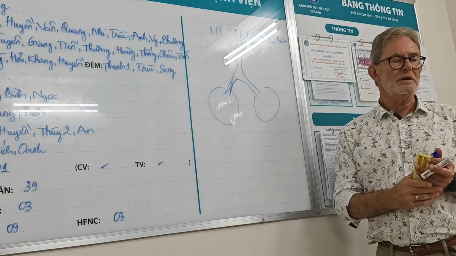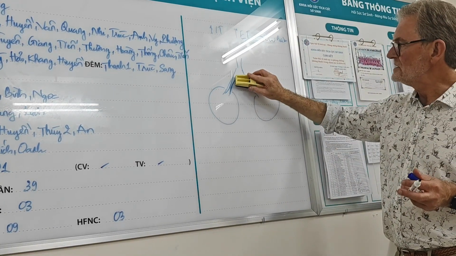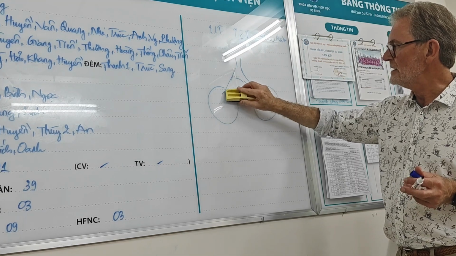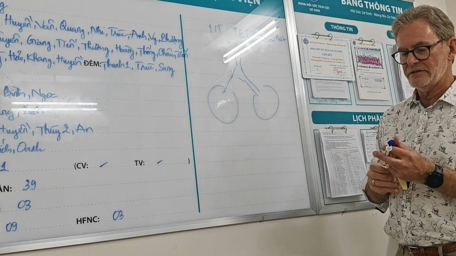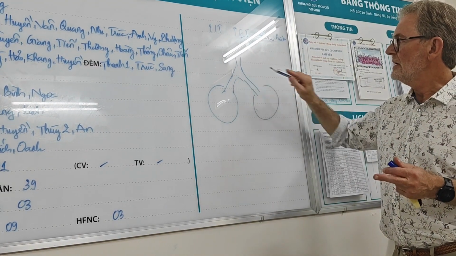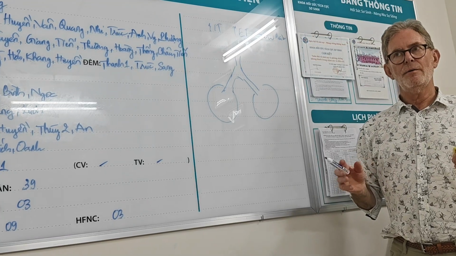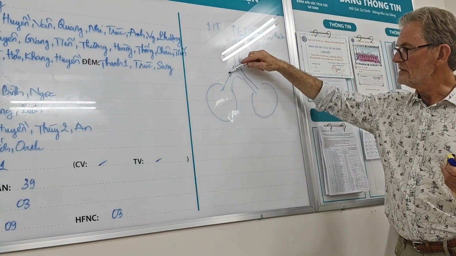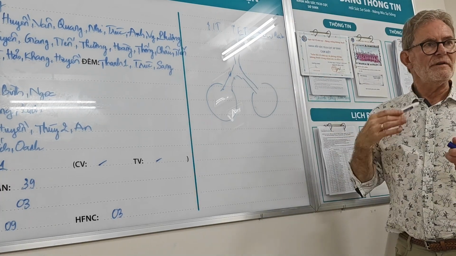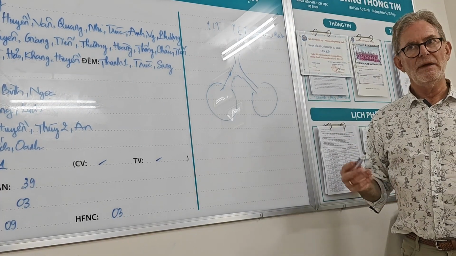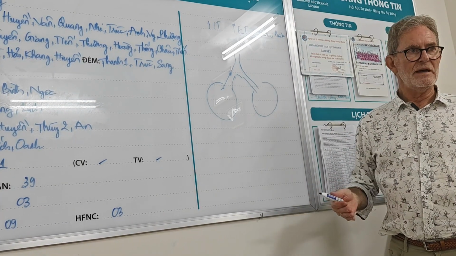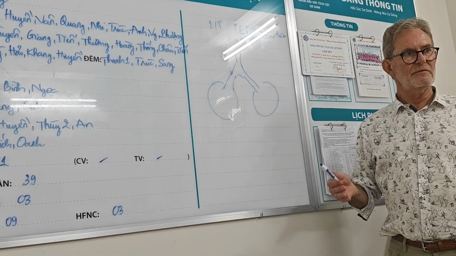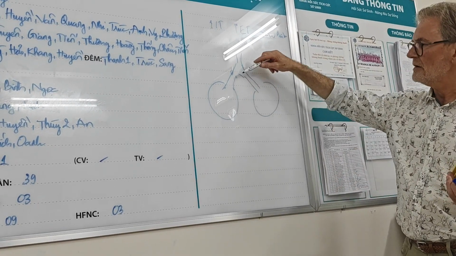The other problem you can get, particularly in babies who've been on the ventilator for a while, is bronchomalacia. So these airways become very floppy. It's something we recognise in babies with chronic lung disease that have been on the ventilator for a long time.